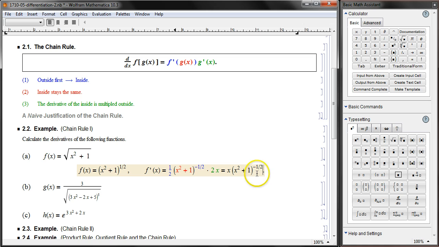Now if you're interested, you can change the final form into a traditional notation as well, because a negative power means it's in the denominator, and 1/2 power means it's the square root.